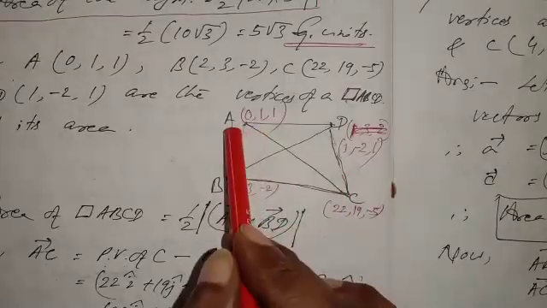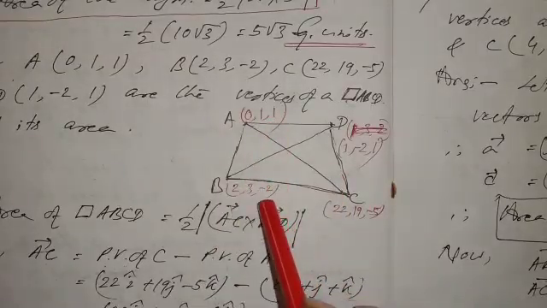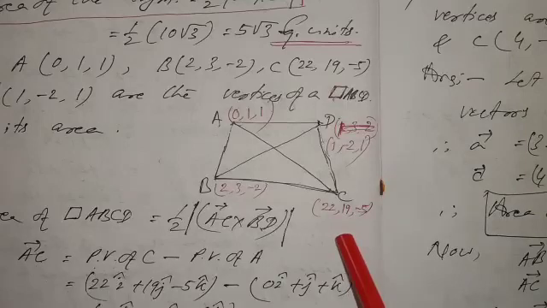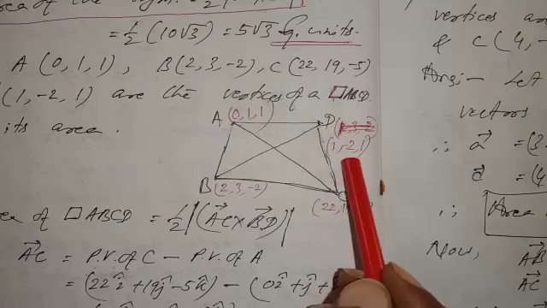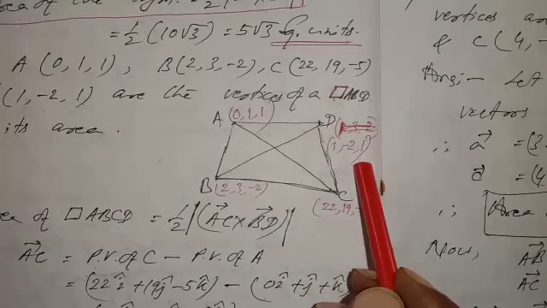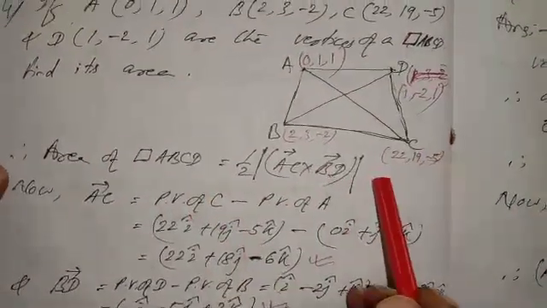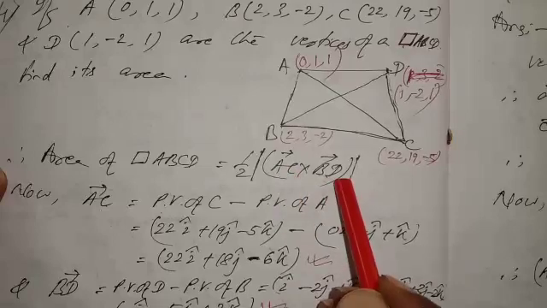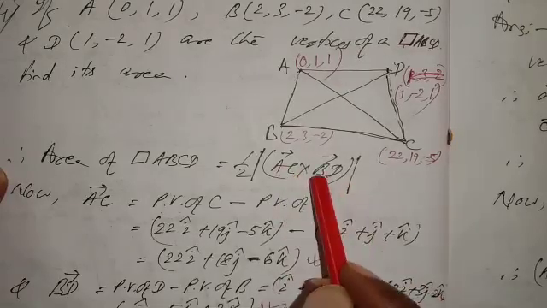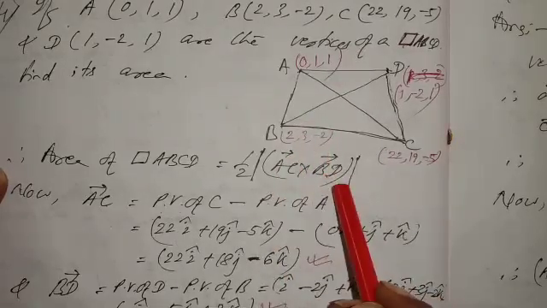First we draw the quadrilateral ABCD having A 0, 1, 1, B 2, 3, minus 2, C 22, 19, minus 5, D 1, minus 2, 1. First of all, for the area of quadrilateral ABCD you have to write half AC cross BD. The two diagonals are AC and BD.